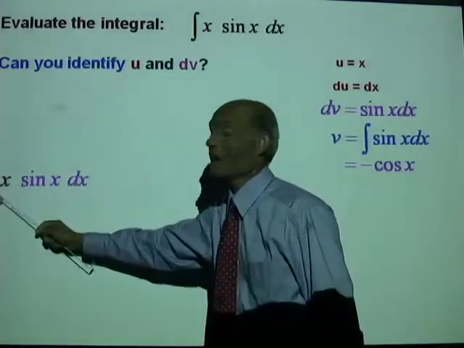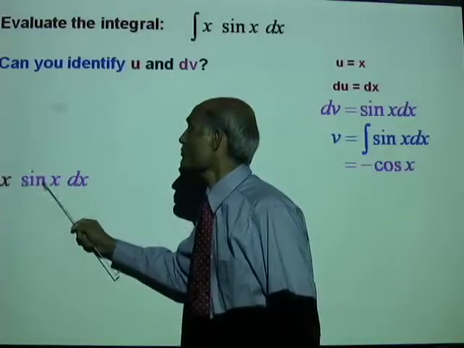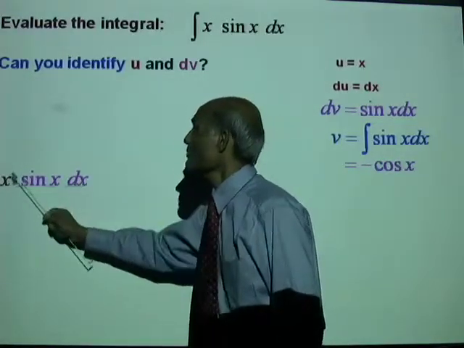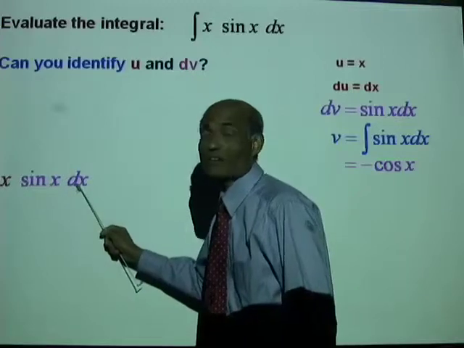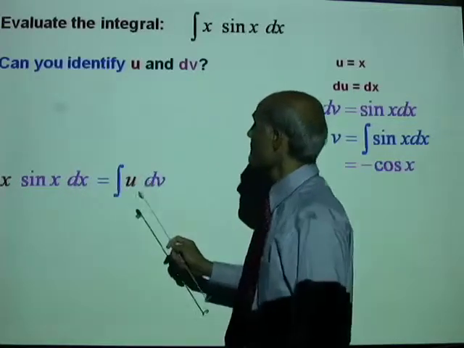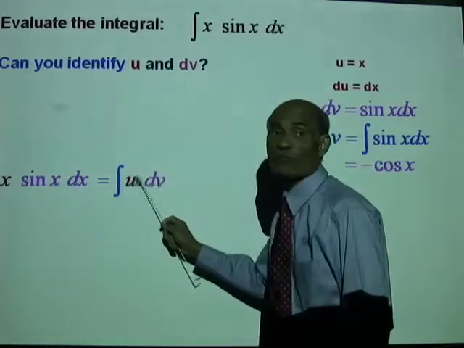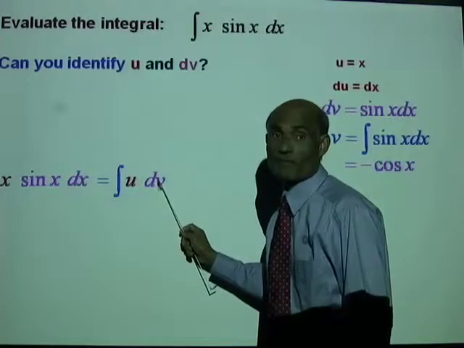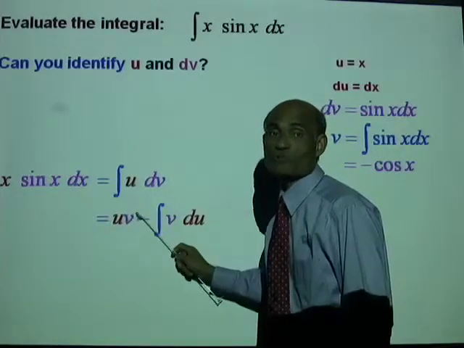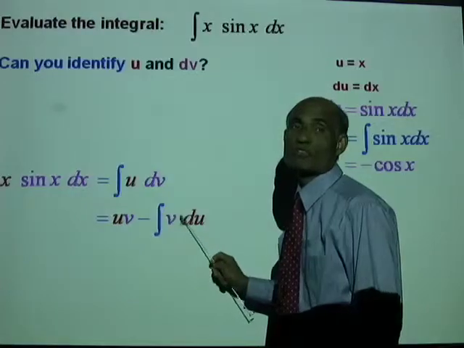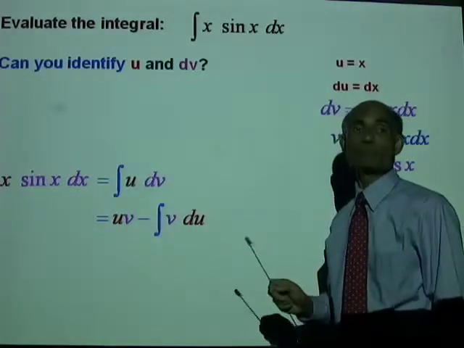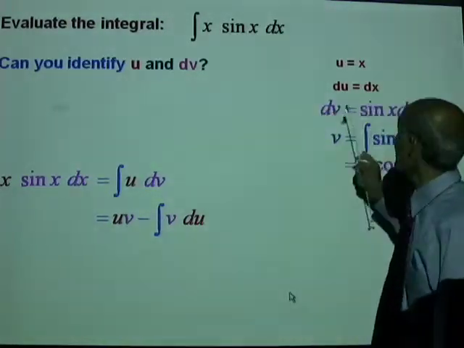So what does this become now? Integral x sine x dx is, x is our u, sine x dx is our dv, and what is the form of this integral? That will be u times v minus the integral of v du. What is u times v?